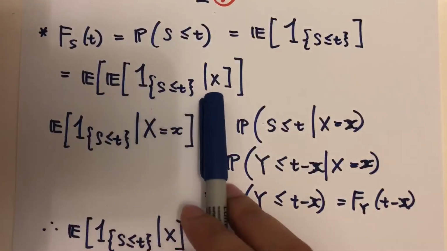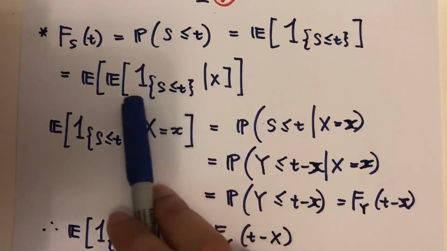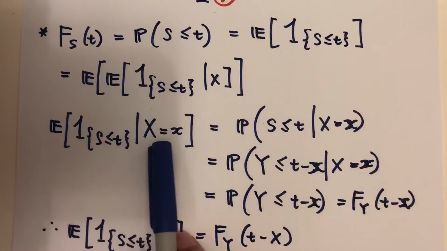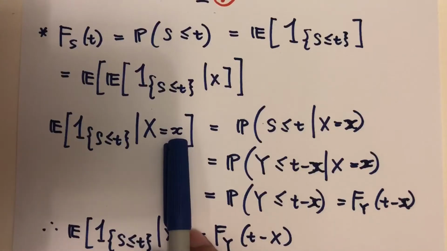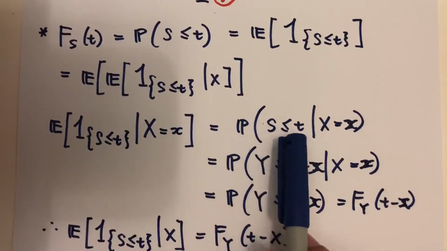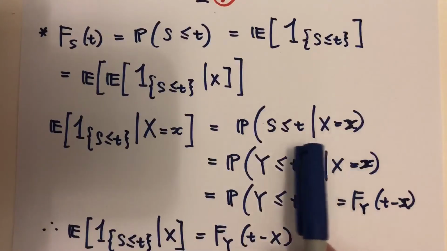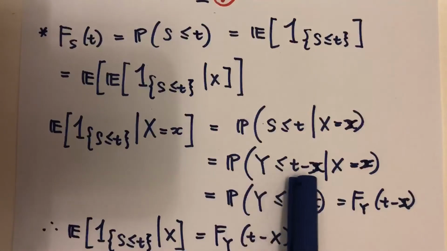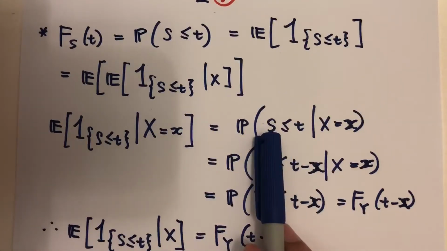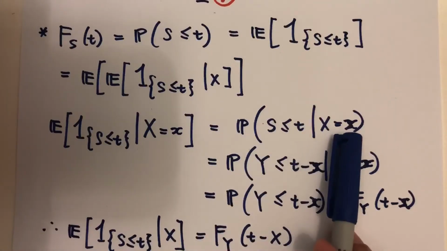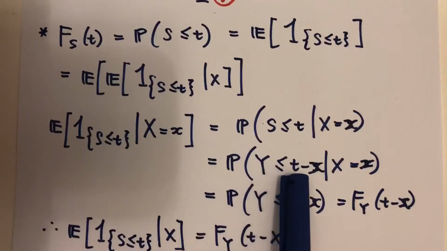Then we write this expectation as a double expectation. We condition on X. Now to evaluate the inner conditional expectation, we consider conditioning on the event X equals x. So now it becomes the probability that the sum S is less than t given X is x. In this case, S less than t is the same as Y less than t minus x, because S is capital X plus capital Y. So if capital X is equal to x, then Y must be less than t minus x.